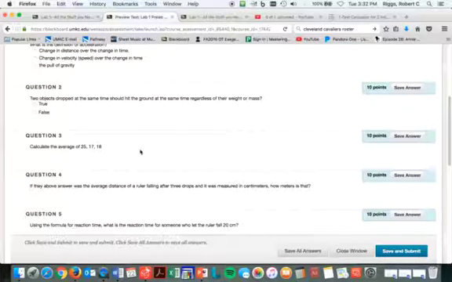Let's just take 3 other numbers: 36, 41, and 29. I want to find the average of those 3 numbers. On my calculator, I go 36 plus 41 plus 29 divided by 3, which is equal to 35.33 centimeters. Well, how many meters is that?